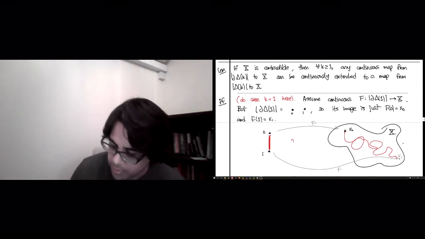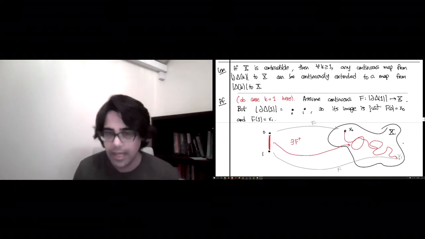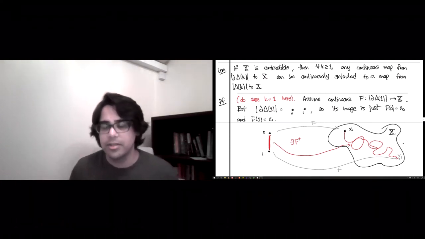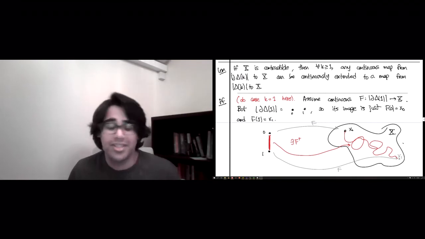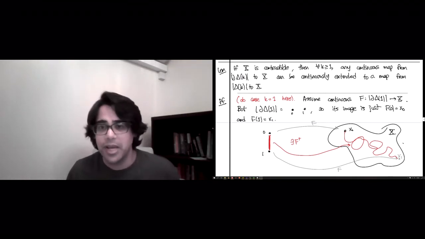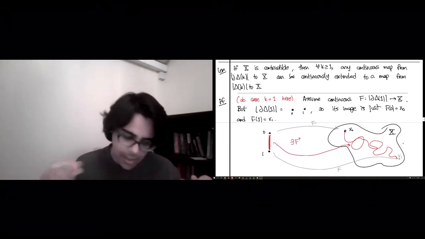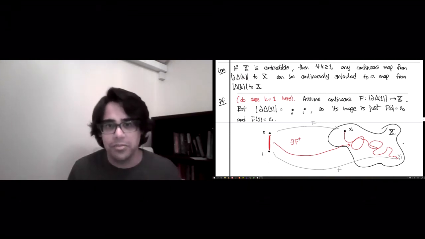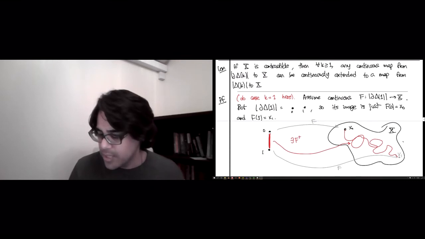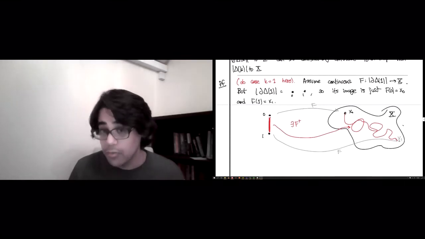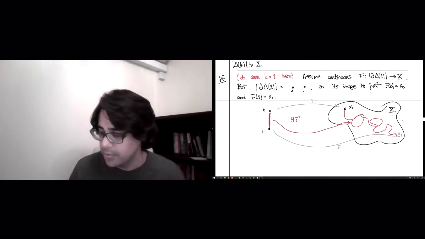So we want there to exist F plus, sending that interval to some continuous curve in X, which is just a fancy way of saying that if X is contractible, it has to be path connected. Any 2 points I find in X, I should be able to find a continuous path. So the question is, how can we build this path from the knowledge that X is contractible?